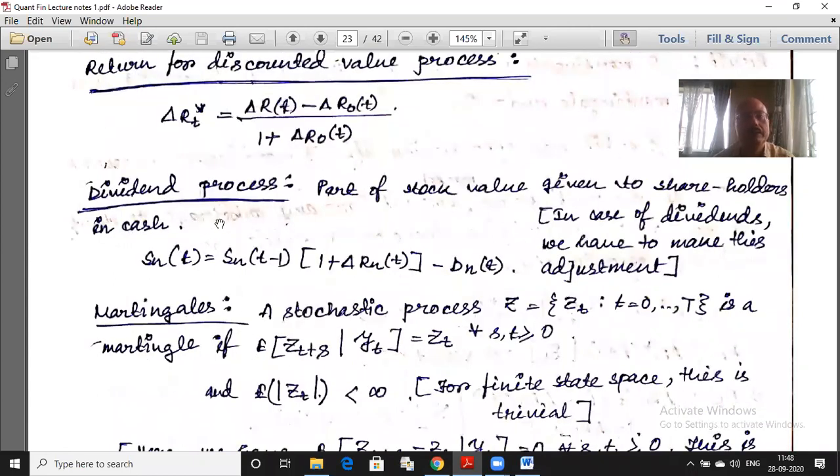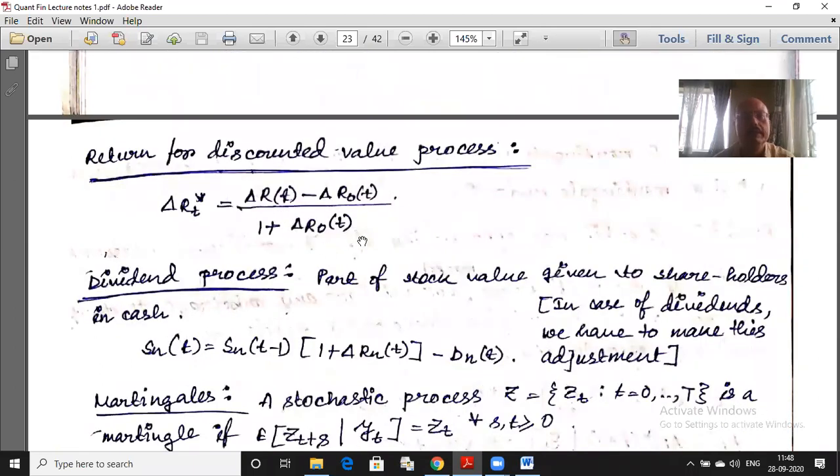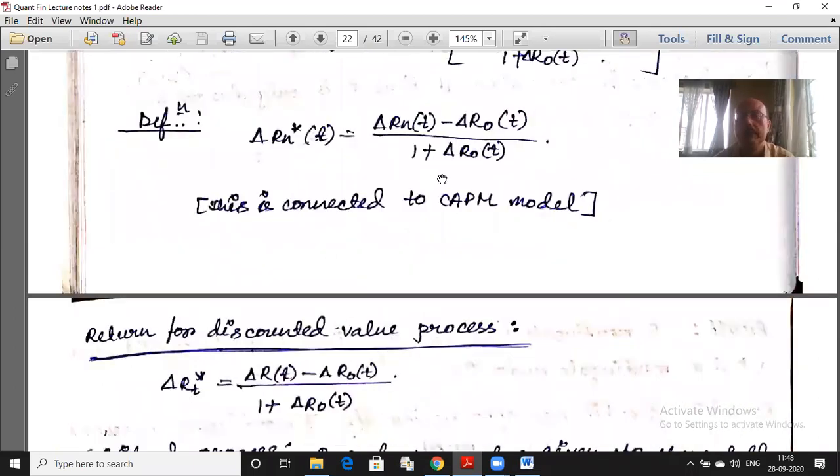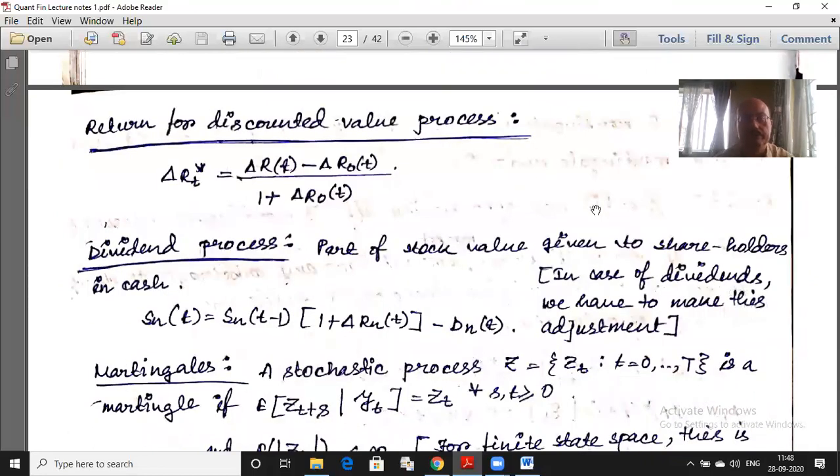Delta Rn star is the risk premium that we have shown here. So under the risk neutral probability, you will expect to get 0 risk premium. That's what this result is saying. That again you can show directly from the definition.